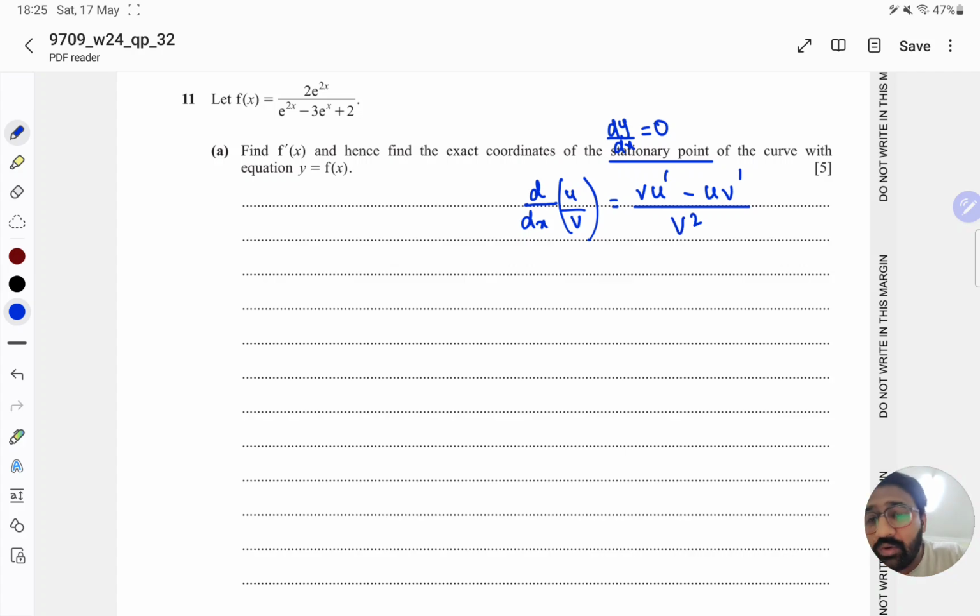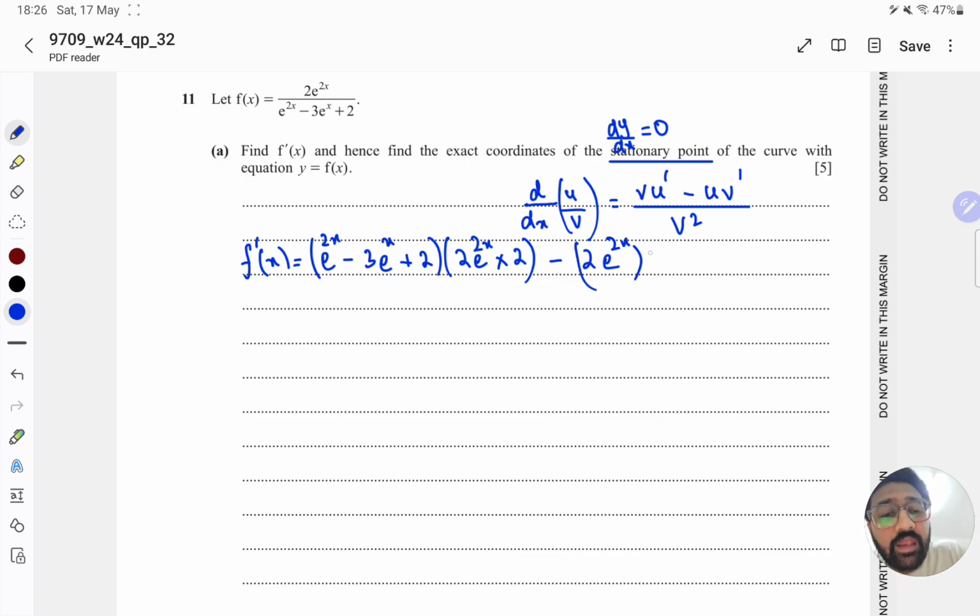So this is the function given to us above. Let's find the derivative for this. F dash of x will be then the denominator as it is, which is e raised to the power of 2x minus 3 e raised to the power of x plus 2, into the derivative of the numerator. The derivative of the numerator will be 2 e raised to the power of 2x multiplied by the derivative of the power, which is 2, minus the numerator as it is, which is 2 e raised to the power of 2x multiplied by the derivative of the denominator.